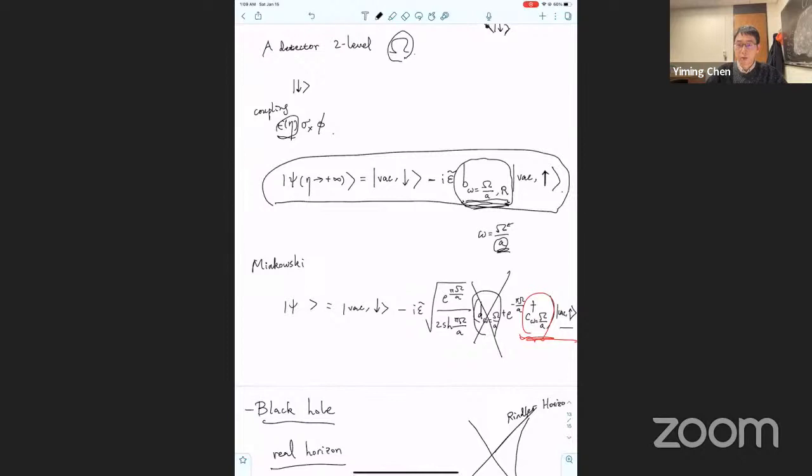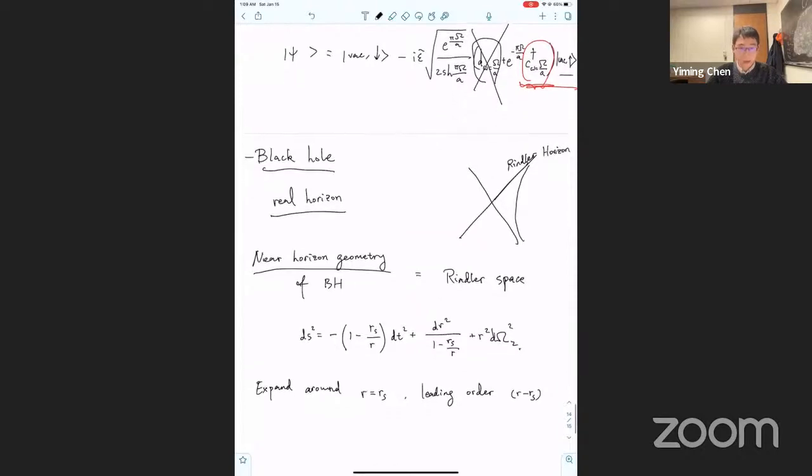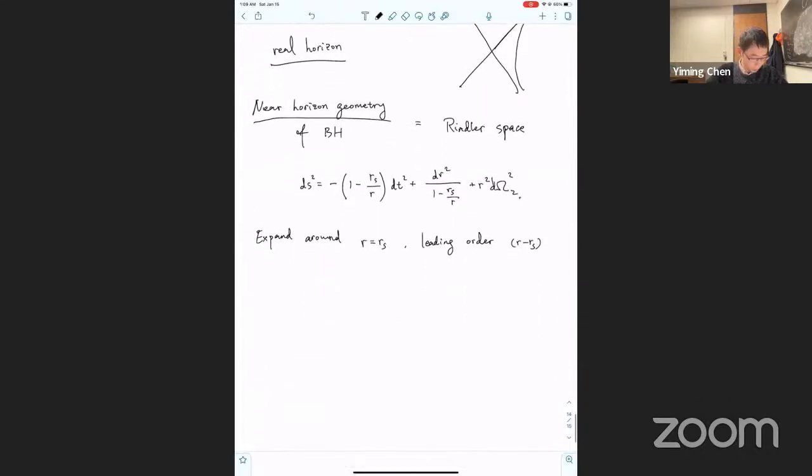When you really do an observation, the wave function collapses into one of the eigenvalues. Let's say you measure in the sigma z basis, then the wave function collapses into this or collapses into that, and there is a probability that it will collapse into this and another probability that it collapses into that. I'm not sure whether that is the question you're asking about. Okay, but let me move on to the black hole because we are running out of time.